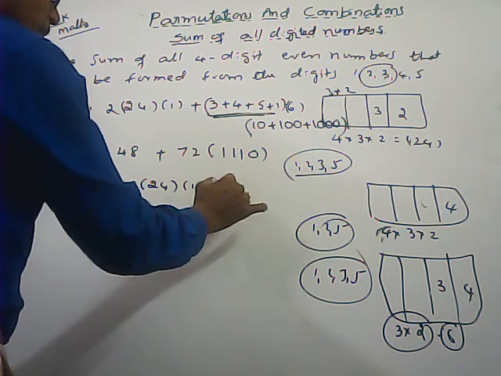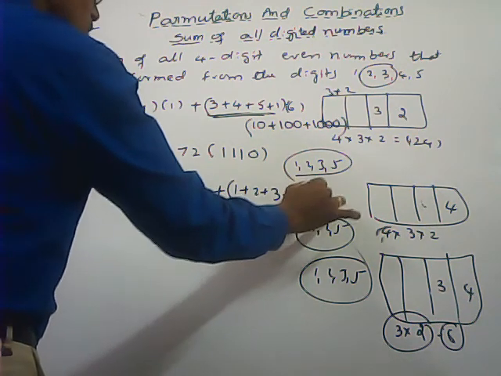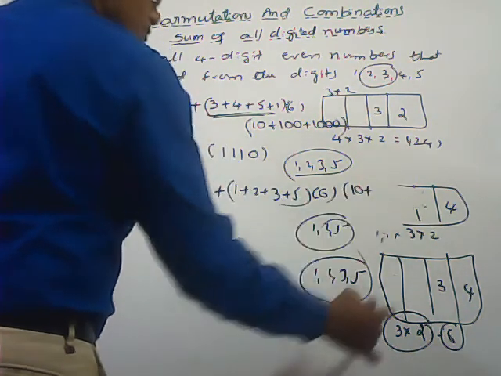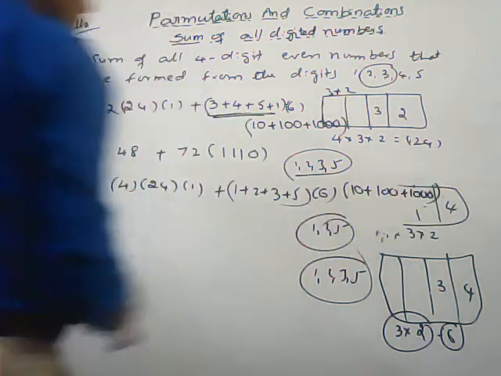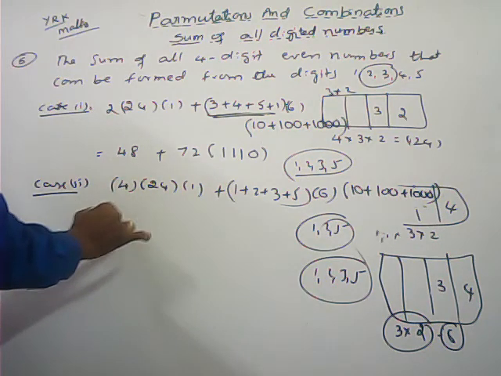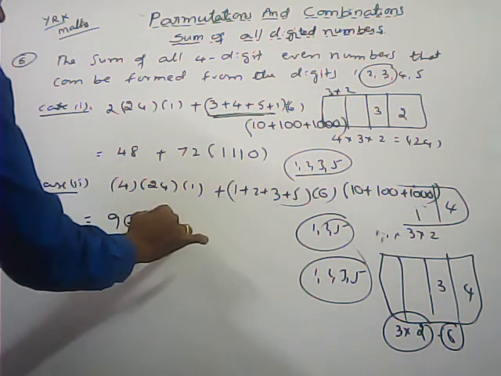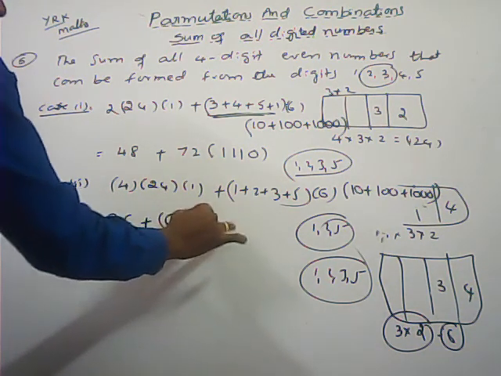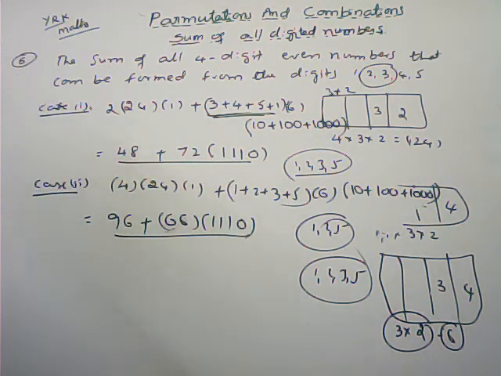Plus, here we can write (1 plus 2 plus 3 plus 5) into 6, each one repeating 6 times, and 10 plus 100 plus 1000, that is equal to 96 plus 11 into 6, that is 66, into 1110. Here we can add both results, then we get the total sum of the even numbers.